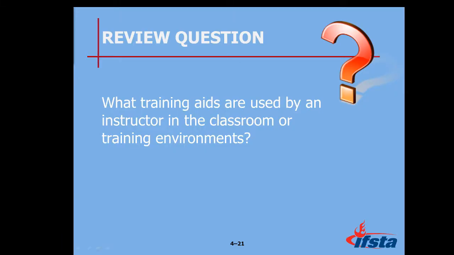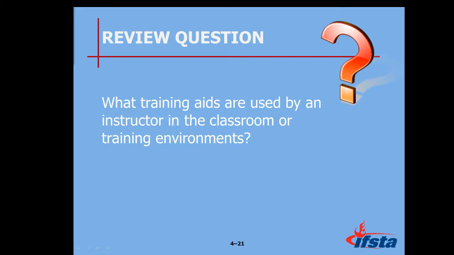So what kind of training aids are used by an instructor in the classroom or the training environment? PowerPoint, video, webinar guys, cadavers. Right, exactly. What else, guys? Webinar guys, reach out. There we go. Whiteboards and chalkboards.